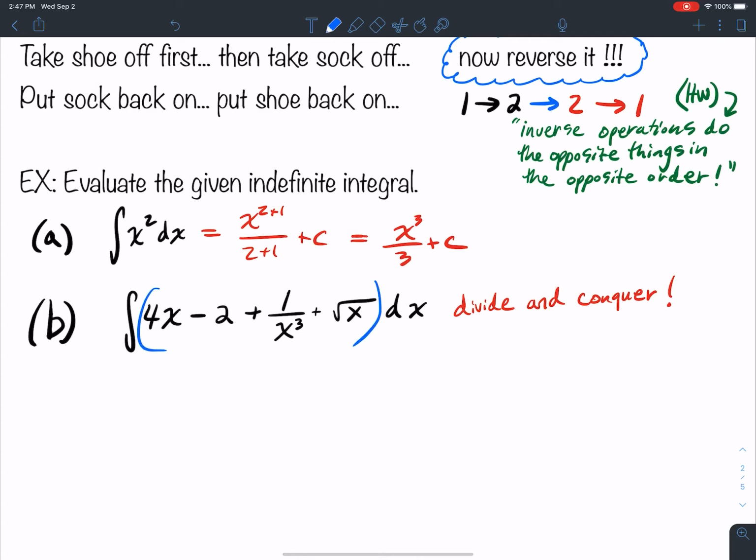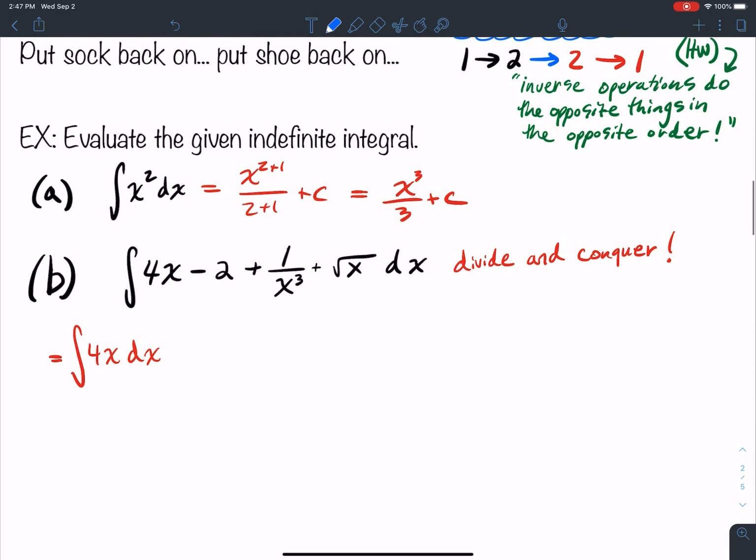So I can break this up over addition and subtraction. All of this in here, I'm going to break up into 1, 2, 3, 4 indefinite integrals and divide and conquer this problem. The first one, I'm going to have the 4x by itself here. The next one, I'm going to have the negative 2. The next one, 1 over x cubed.